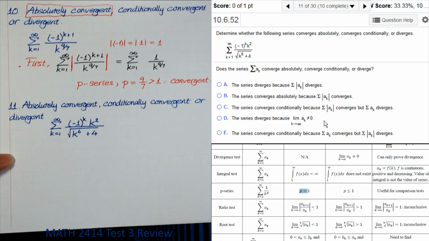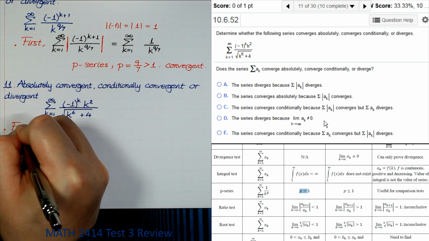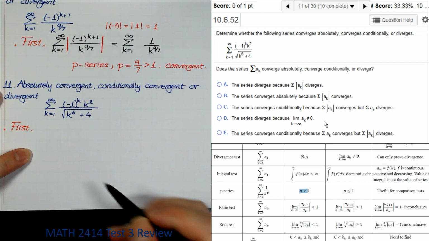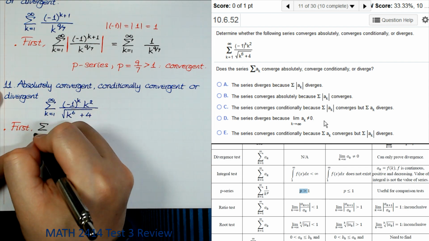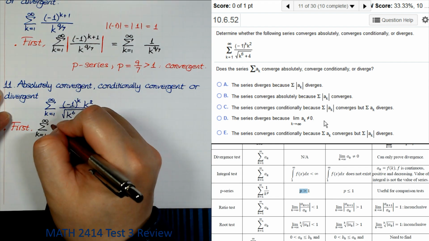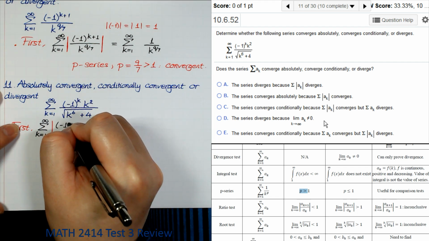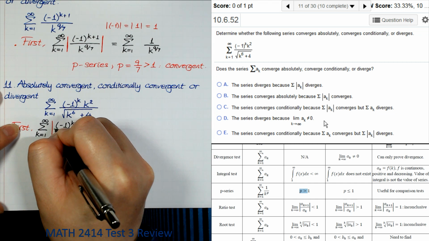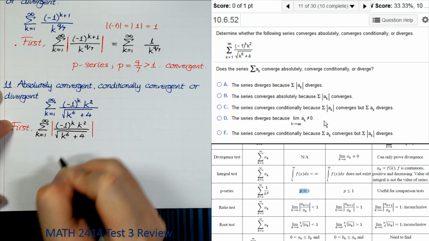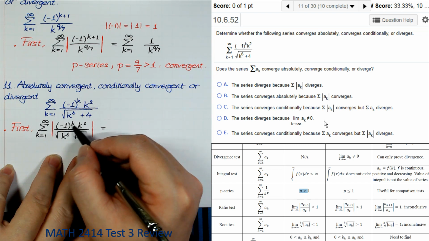Right, first thing of course, we're going to put the absolute values in and see what happens. The only thing we change is we take care of the negative 1 to the k power.